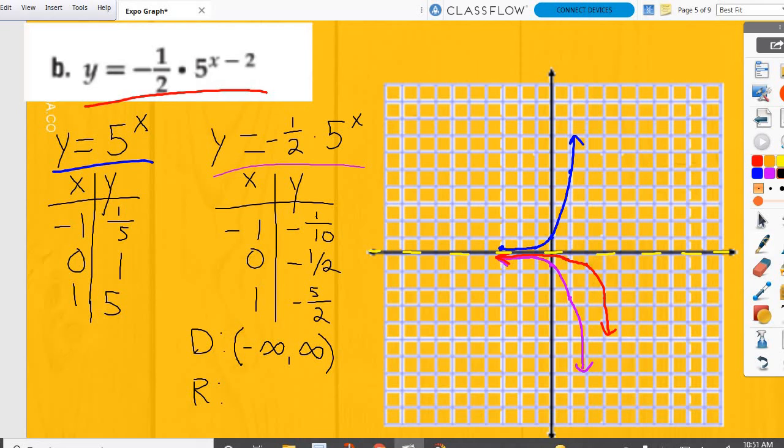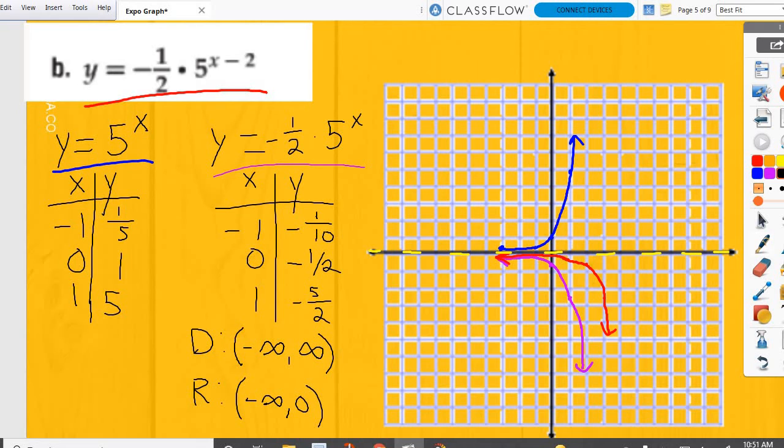So you would say y is less than 0. So how would I write that out in interval notation? Negative infinity to 0, and we get a parenthesis because we can't equal 0. That's where our asymptote is.